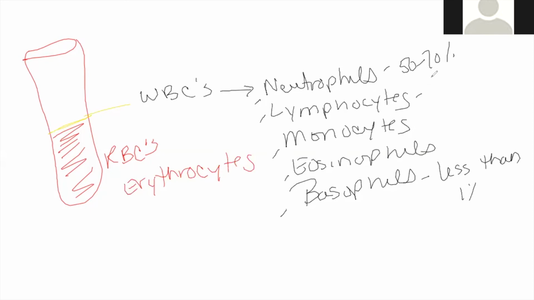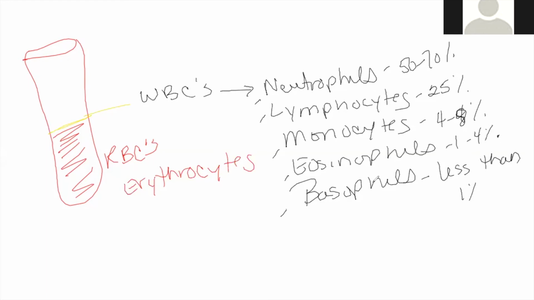Our lymphocytes come in around 25%. Our monocytes are anywhere from 1 to 4%. And then these are around 4 to 8% here. And then our eosinophils are about 1 to 4%.